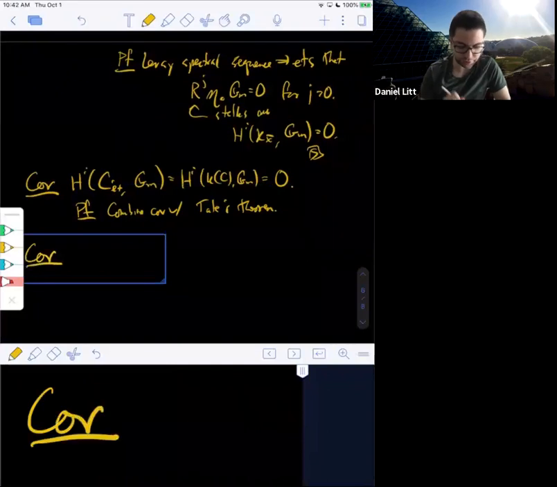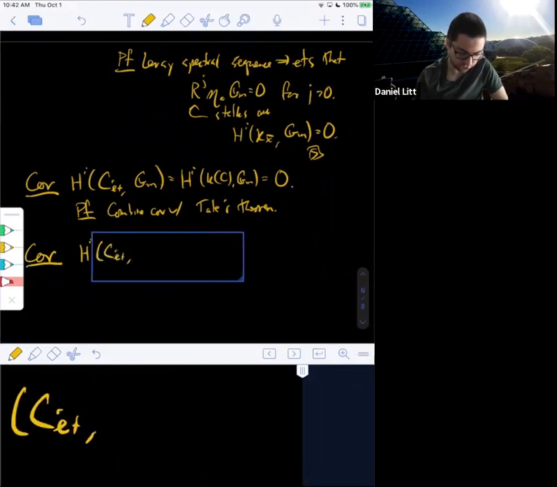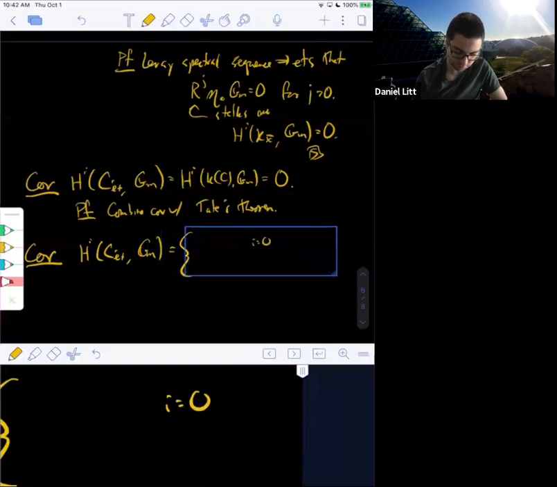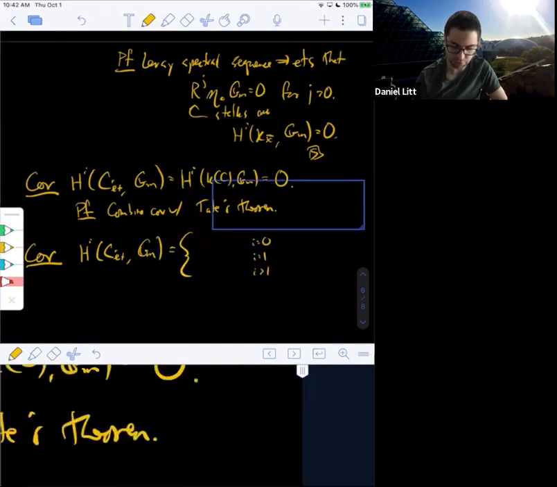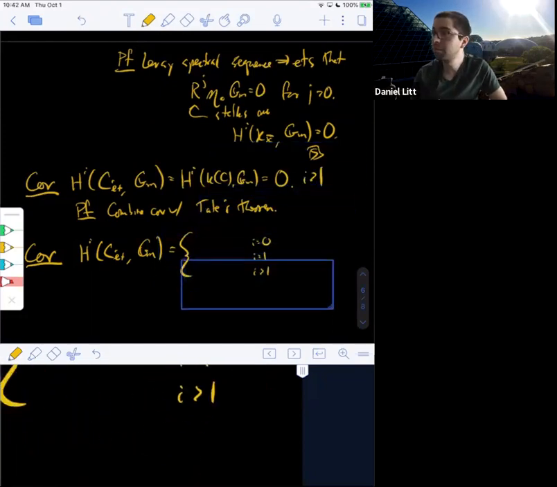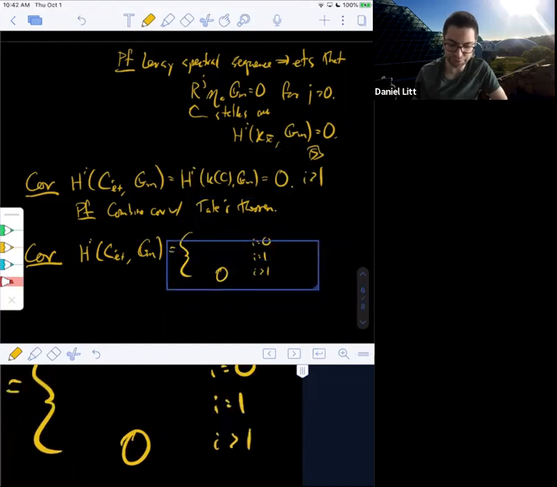So now we proved the theorem we've been trying to prove for the last 2 days, namely that H^i of C étale with coefficients in Gm is what we want it to be. Can anyone remind me what that was? This is, by the way, for i bigger than 1. The corollary just tells us the answer for i bigger than 1. Does anyone remember what this cohomology is for i equals 0 and i equals 1?